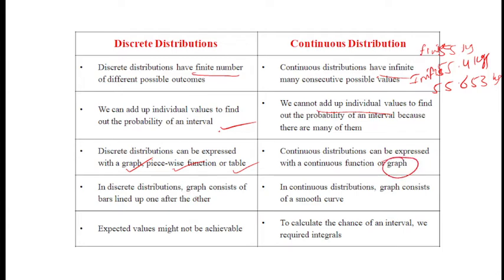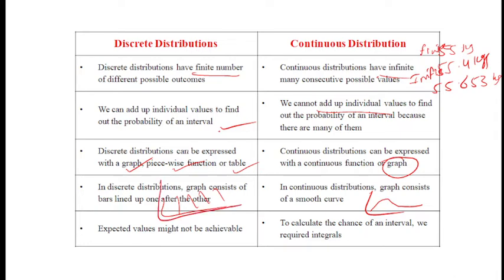Under discrete distribution, the graph consists of bars lined up one after the other, whereas in continuous we can expect a continuous graph like this.